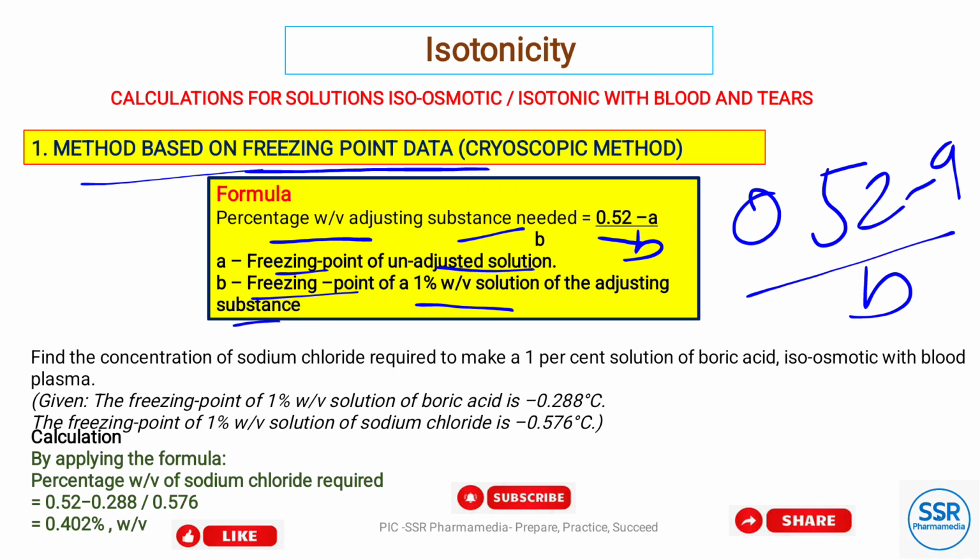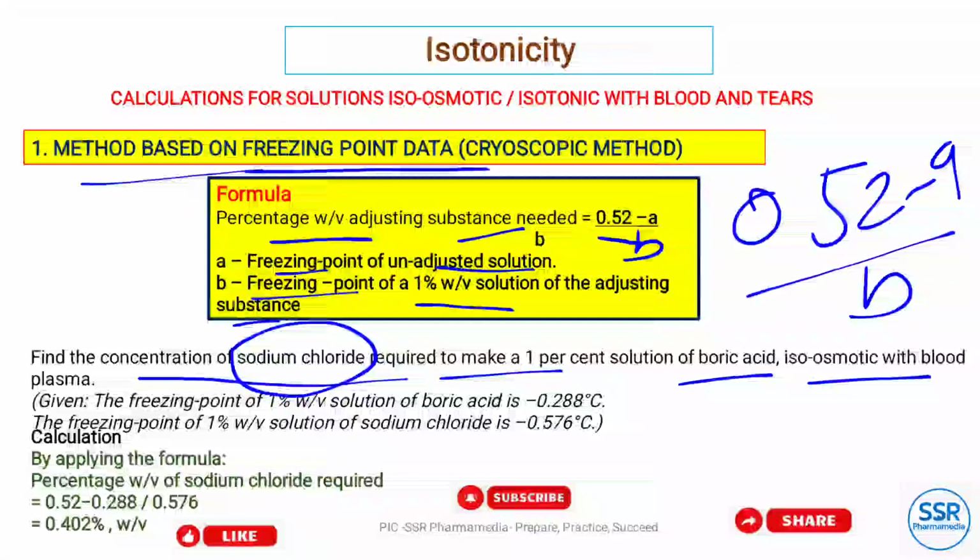According to that, we will take one example: find out the concentration of sodium chloride to be used for adjusting isotonicity. Sodium chloride is required to make a 1% solution of boric acid isoosmotic with blood plasma. The freezing point depression of a 1% weight in volume boric acid solution is minus 0.288 degrees Celsius.